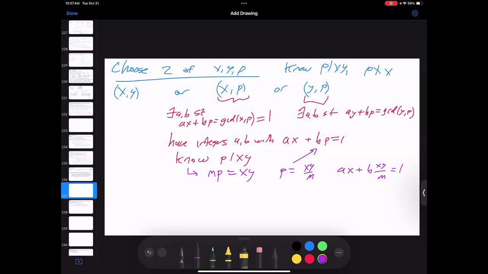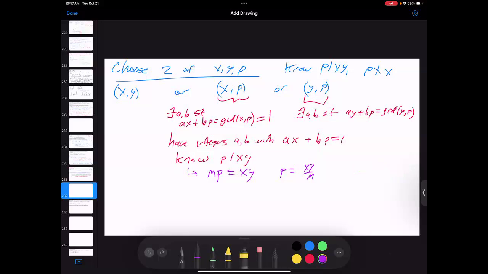It looks like it's a multiple of X. But maybe M divides X, and so maybe it's not a multiple of X. So I don't see that I can get a contradiction from this, unfortunately. It's not a bad thing to try. You try something, if it works, great. If it doesn't, you have to try something else.